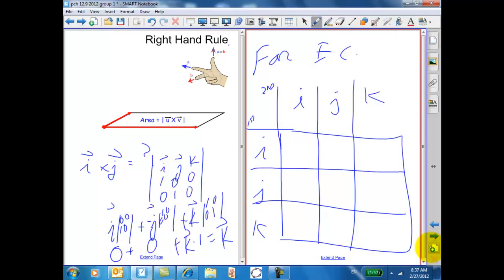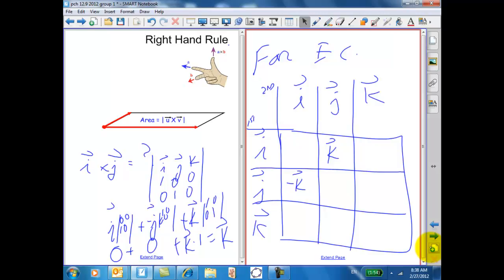We just did i cross j, right? i cross j ends up being k. So, hold it, what's j cross i? Should be negative k. You can check it and so forth, but that's the theory we just talked about. Okay, so you can fill that out for a pip if you want to fill out that diagram. I think they all work out to be unit vectors or opposites of them.